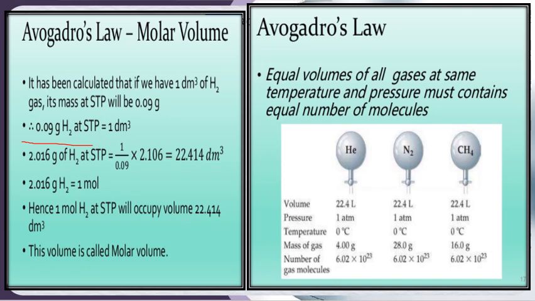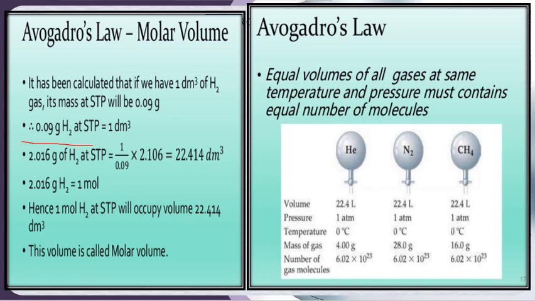But what about 2.016 grams of hydrogen at STP? STP stands for standard temperature and pressure, right? So you want to calculate at 2.016. So it will be 1 upon 0.09 into 2.016 is equal to 22.414 dm cube.